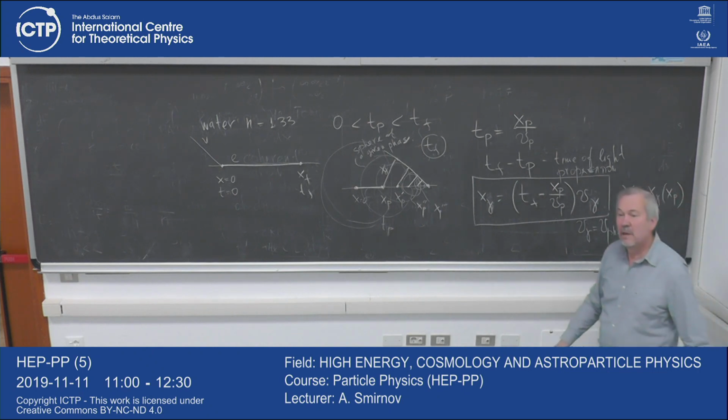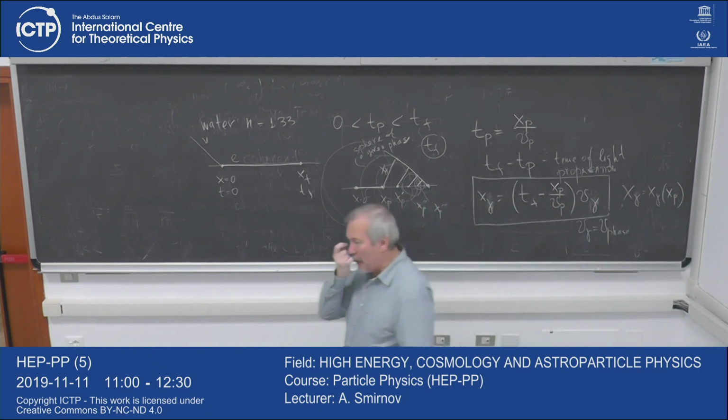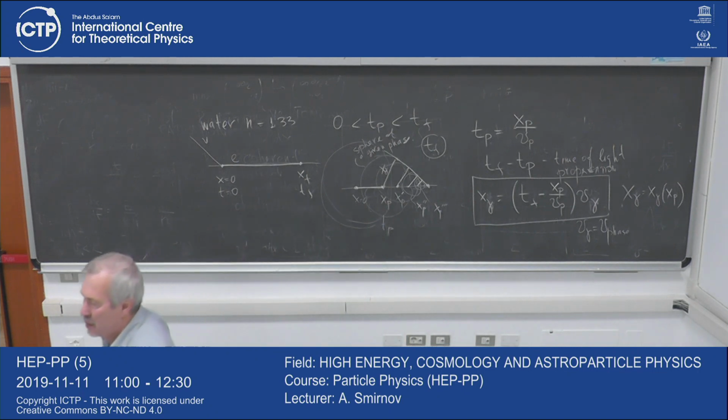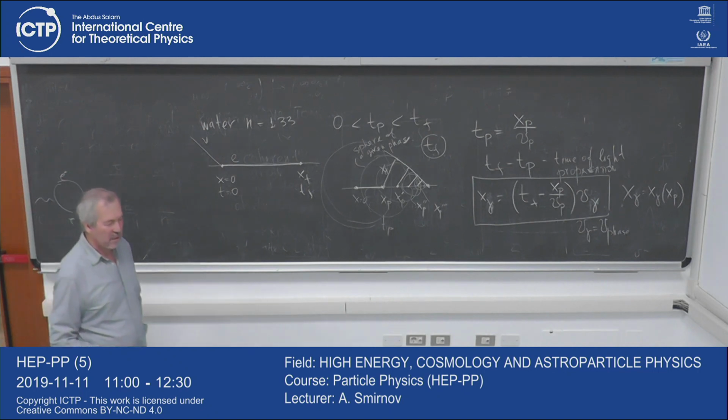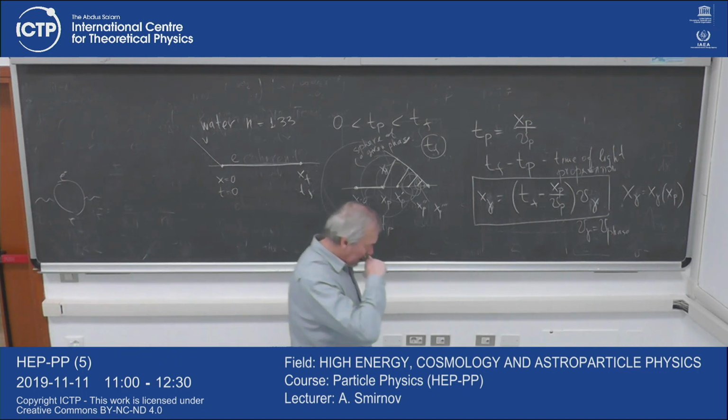Can you, for example, have Cherenkov radiation from vacuum fluctuation, a polarized vacuum? Is that possible? So what you want to say is that we have operators, what is called the vacuum polarization operator, right?